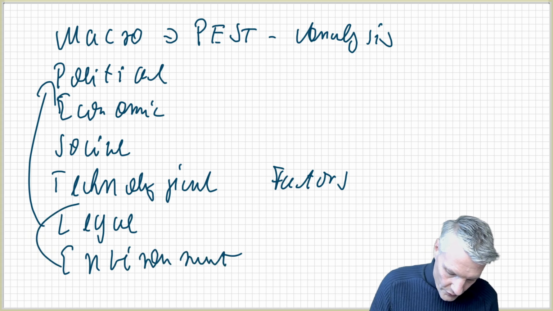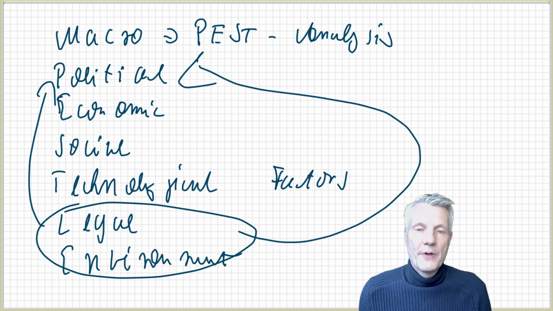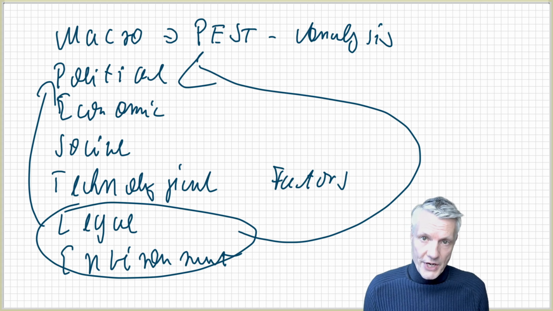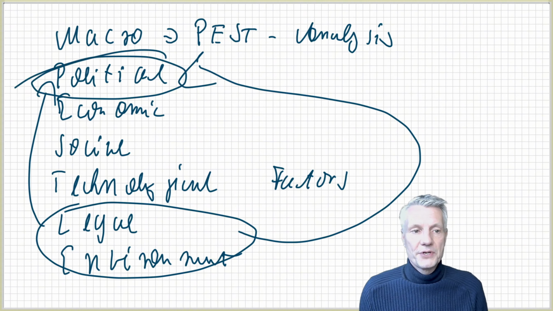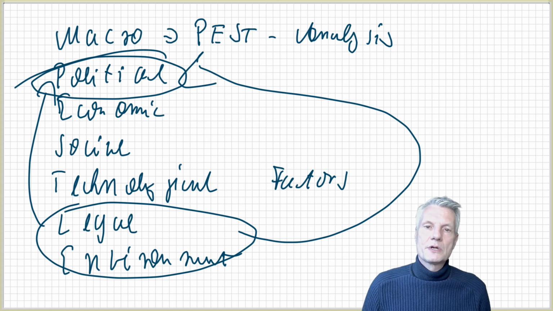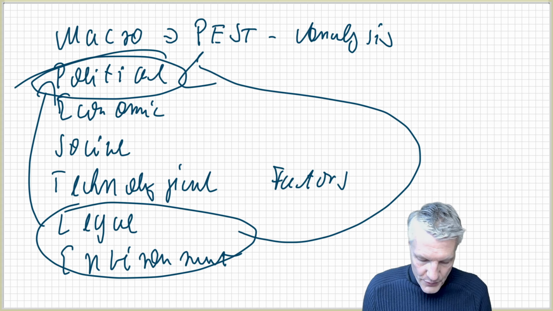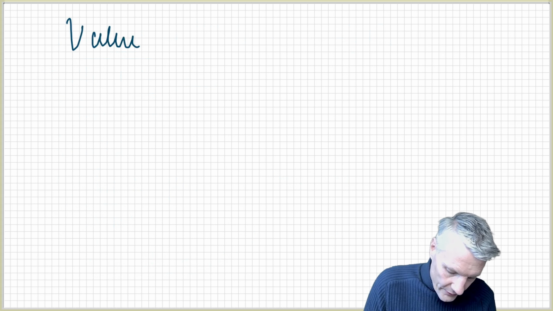But these can also be included in the political factors because, for example, environmental protection legislation is a political factor. Now, we need to look at those kinds of factors in order to better understand our environment from a macroeconomic perspective. Also, we need to look at the so-called value net or microenvironment.